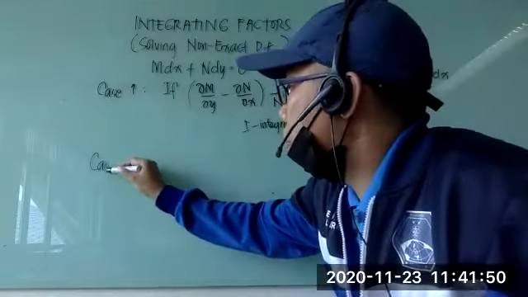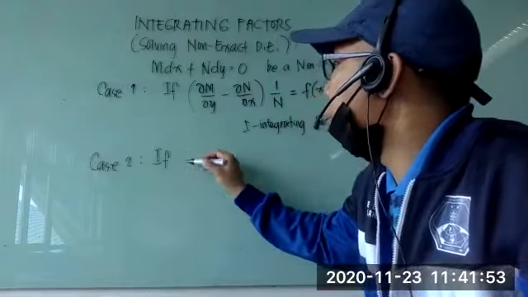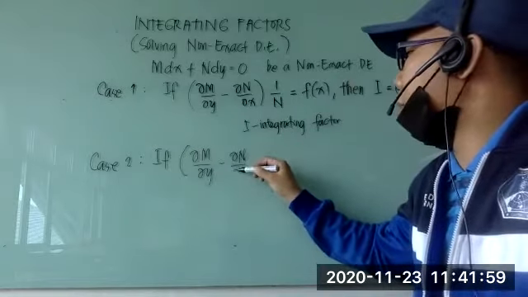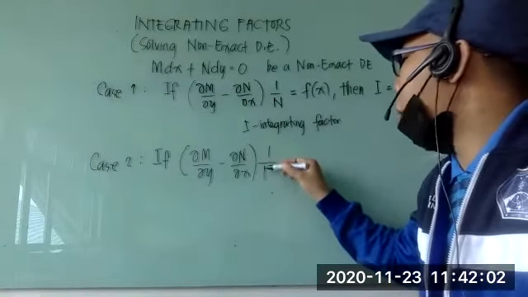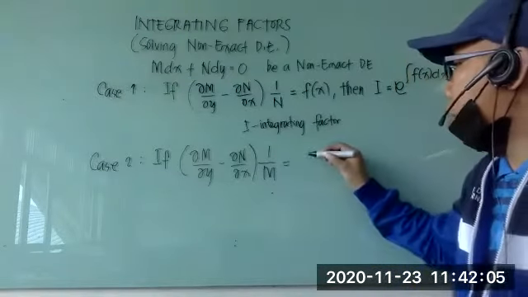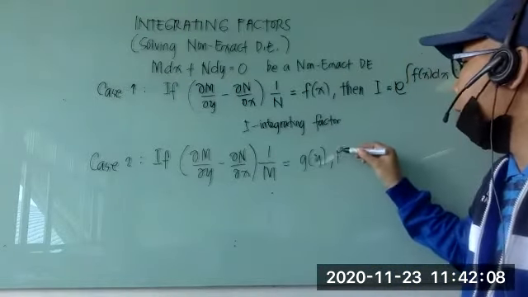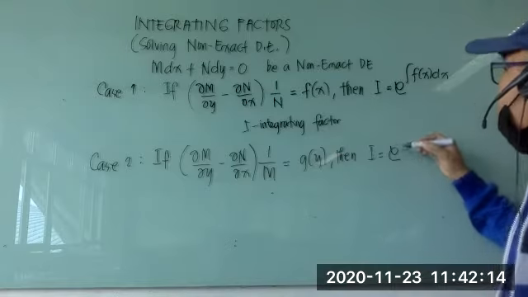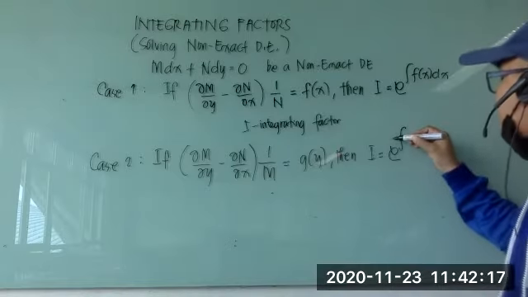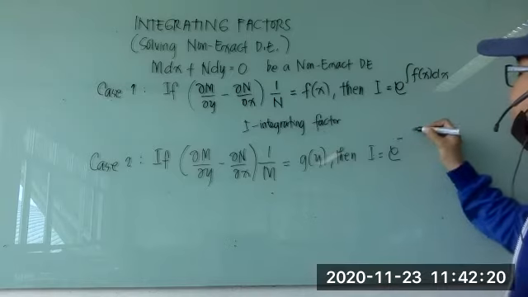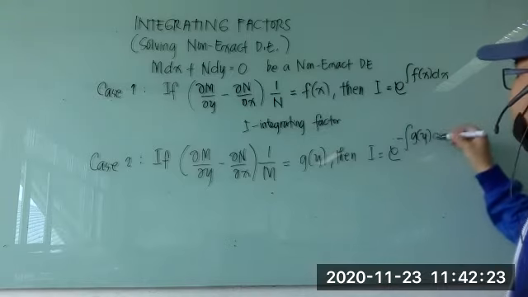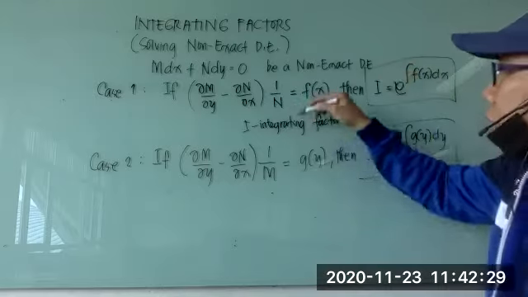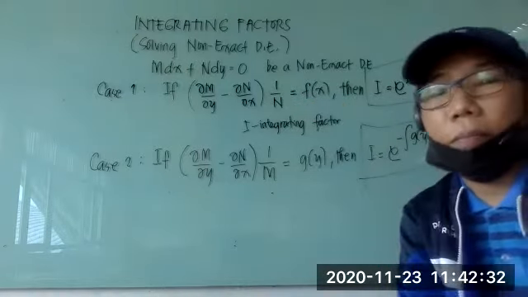Now, case number two: if the difference, the partial of M with respect to y minus the partial of N with respect to x, divided by M, is a pure function of y, then the formula to determine the integrating factor is e raised to the integral. It's negative actually. So it's negative the integral of the function of y times dy. So these are the formulas to utilize, provided that the condition is met.